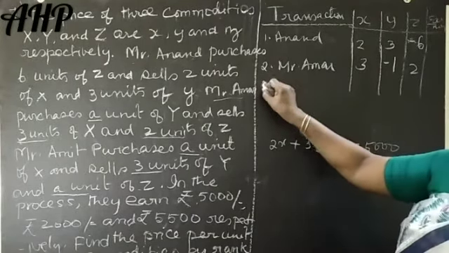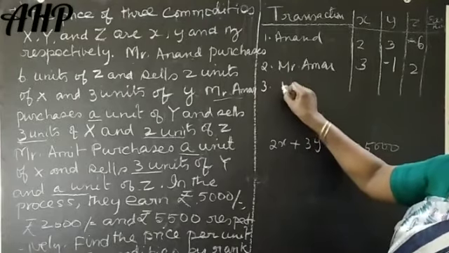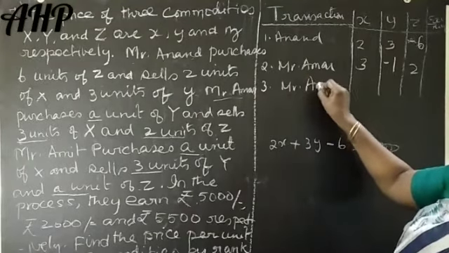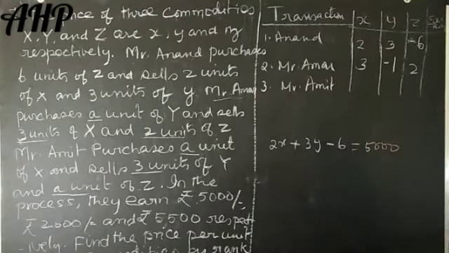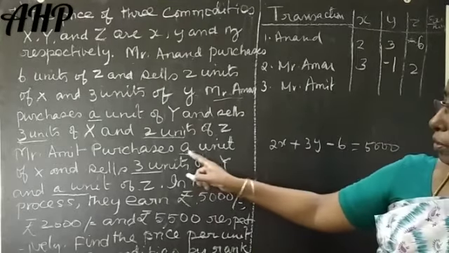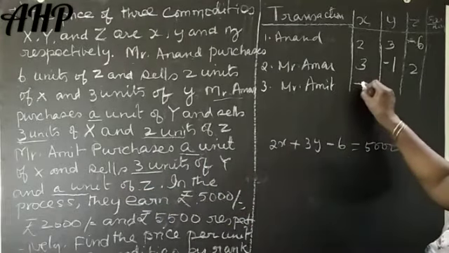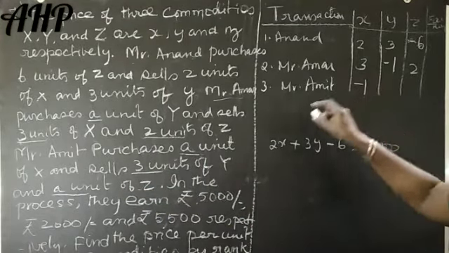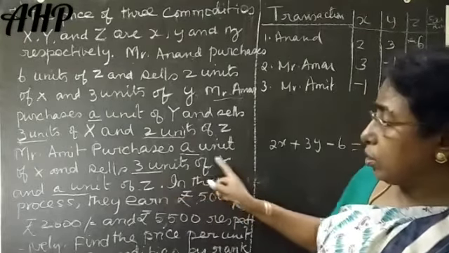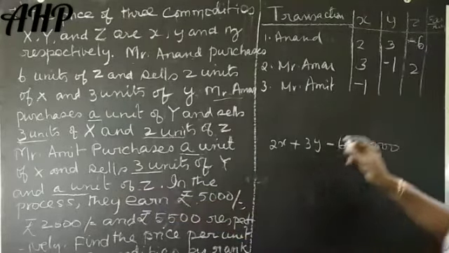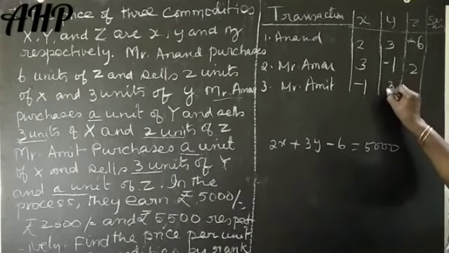Third person is Mr. Amit. Mr. Amit is selling 1 unit of X, and sells 3 units of Y and a unit of Z. So this is 3 and this is 1.